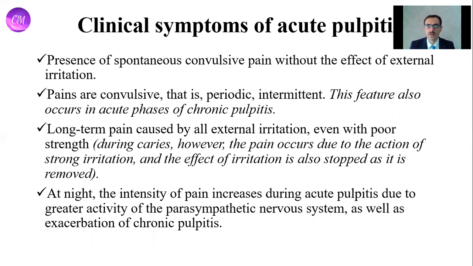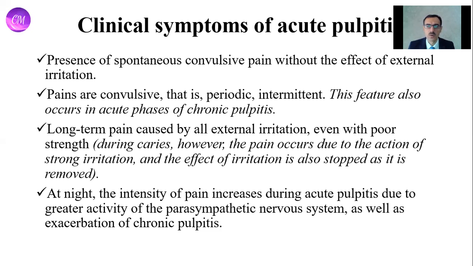Clinical symptoms of acute pulpitis include the presence of spontaneous convulsive pain without the effects of external irritation. Pains are convulsive, that is, periodic and intermittent. This feature also occurs in acute phases of chronic pulpitis. Long-term pain is caused by all external irritation.